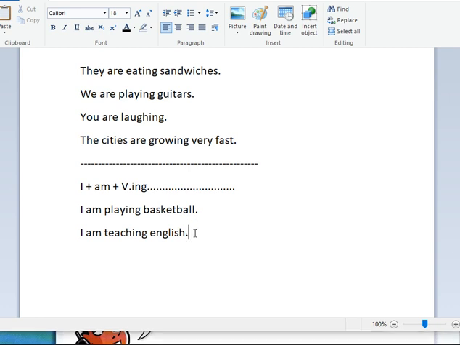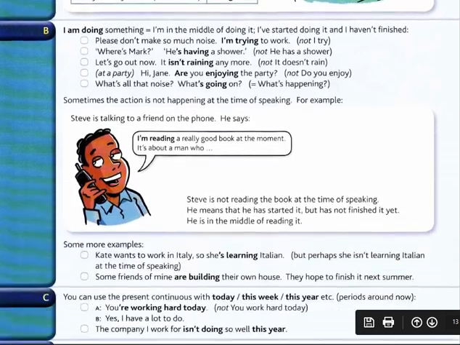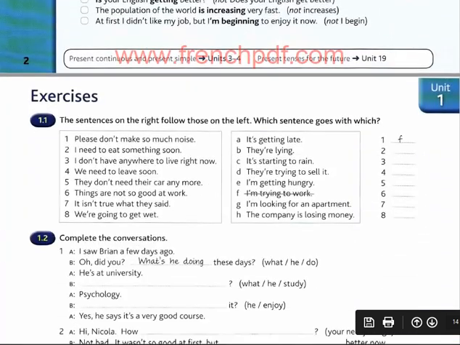I don't want to make the videos longer, but this is all about the rules. And do every exercise which is in the book like this rule. So this is an exercise.